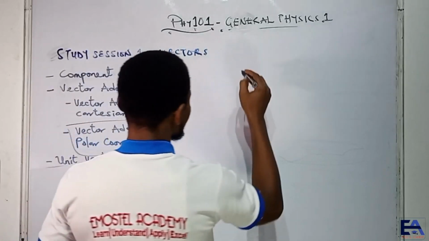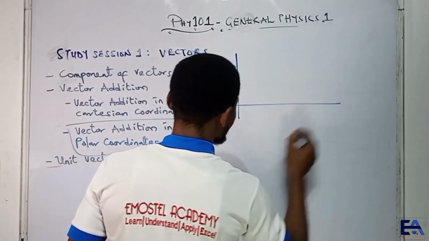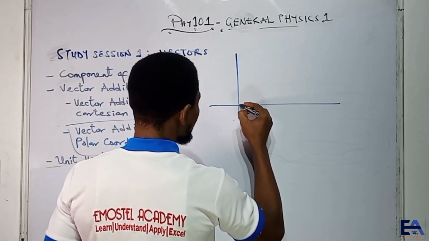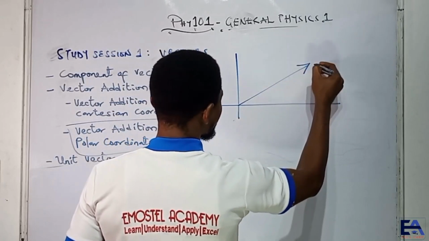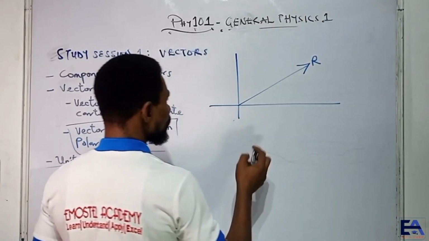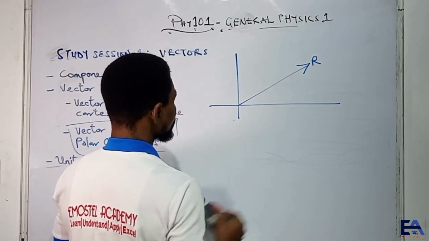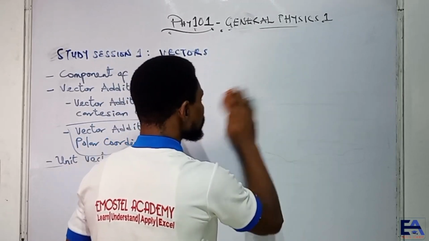Let's assume we have a vector given this way, R, and it's just the same. Let me give you the words.